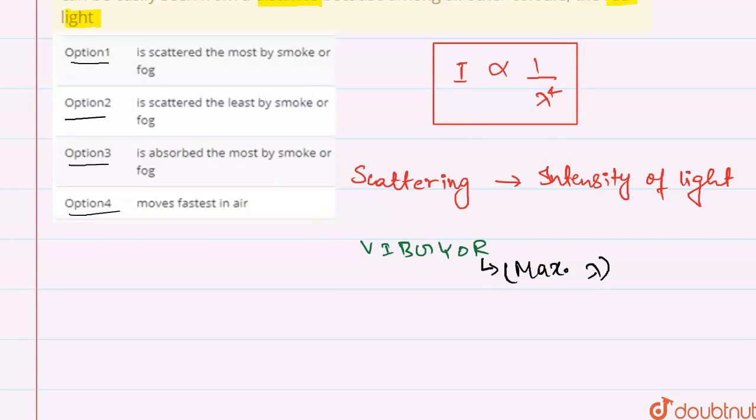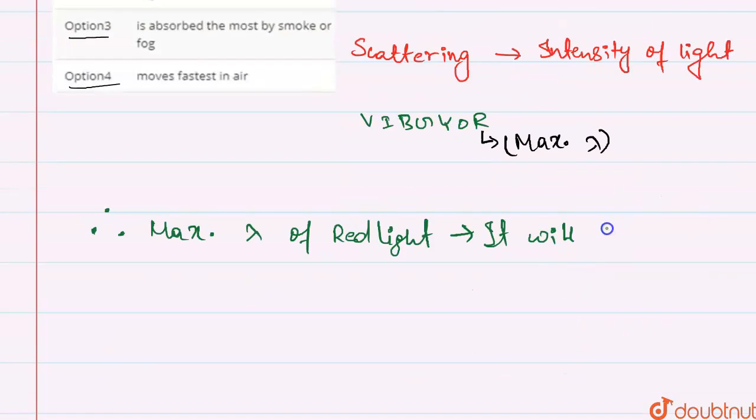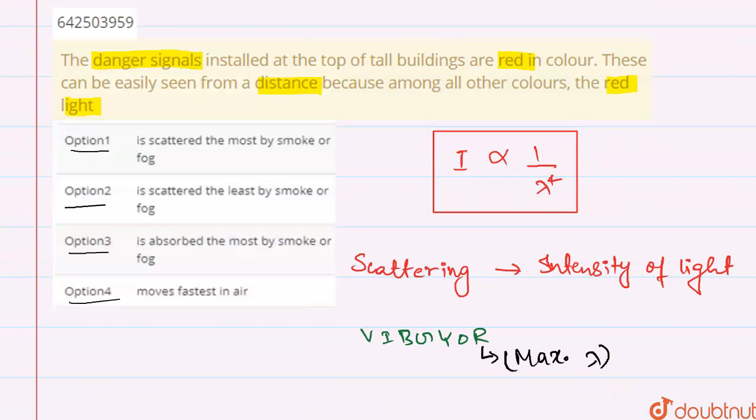So we can say that the maximum wavelength of red light implies that it will be scattered least. So among all these four options we get the second option as our answer.